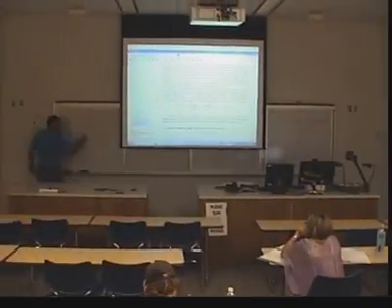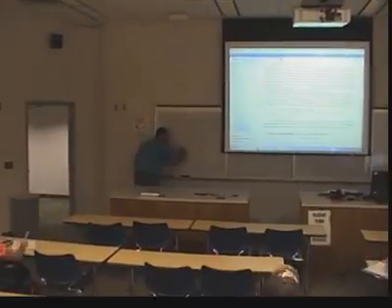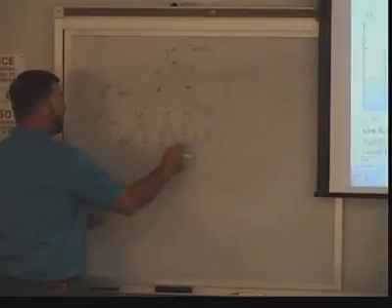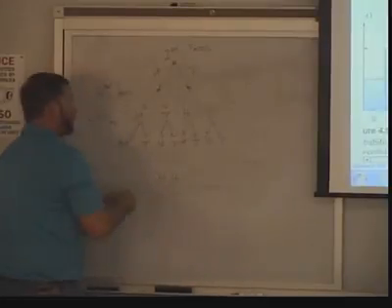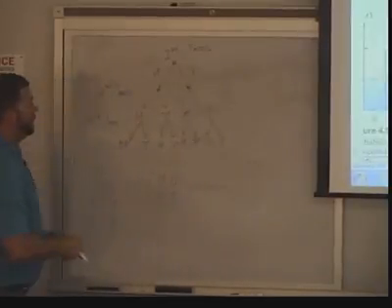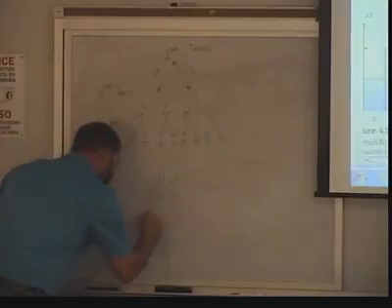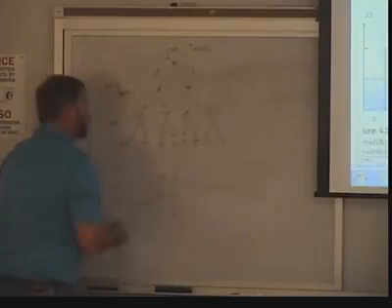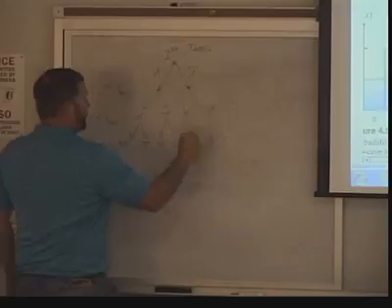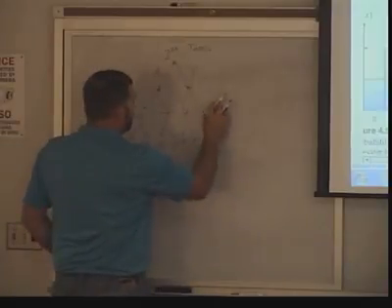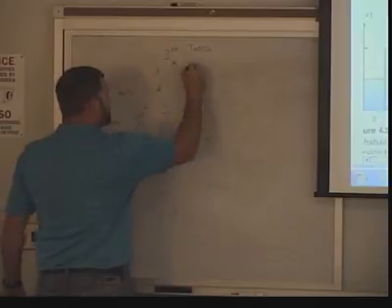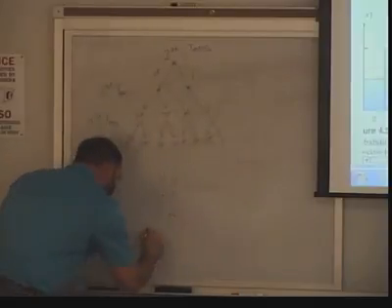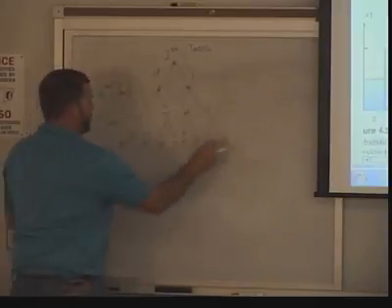Now we have T, H, H. Then we have T, H, T. Then we have T, T, H. Don't strike those out yet. And then finally, our last one is T, T, T. So we've counted every experiment.